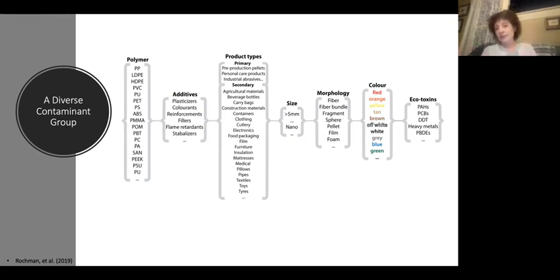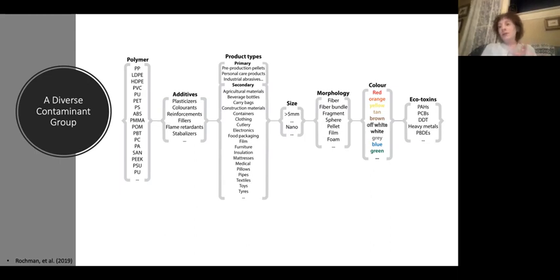You've got different sizes, from micro to nano, morphologies, and sometimes that shape, there are at least indications that the shape can influence whether a particle is toxic or not, and where it's toxic, where it ends up, where it gets stuck. Colors, and then at the end of the chart here we have ecotoxins.